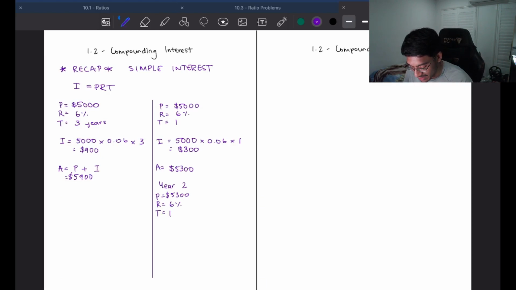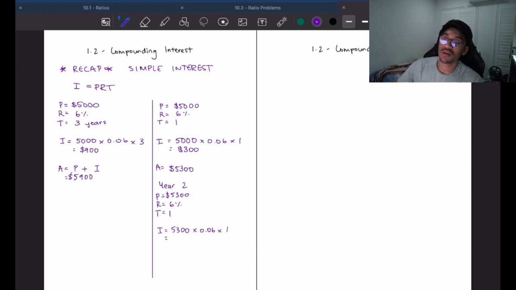I want to work out how much interest I've earned, so I pop it in the formula. I equals PRT. I is equal to 5,300 times 0.06 times 1. Pop that in the calculator. I got 318. Hopefully you guys did too.